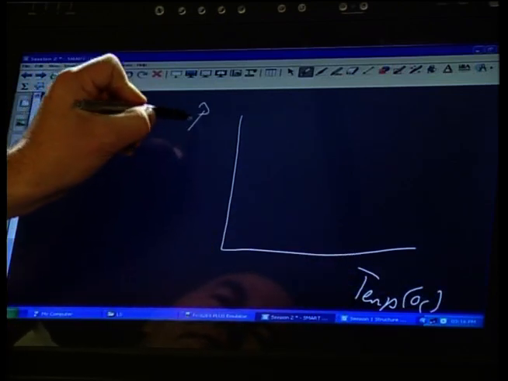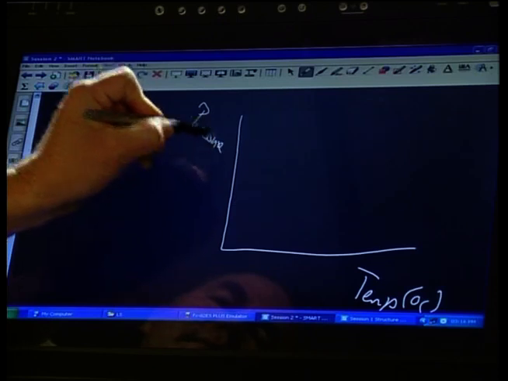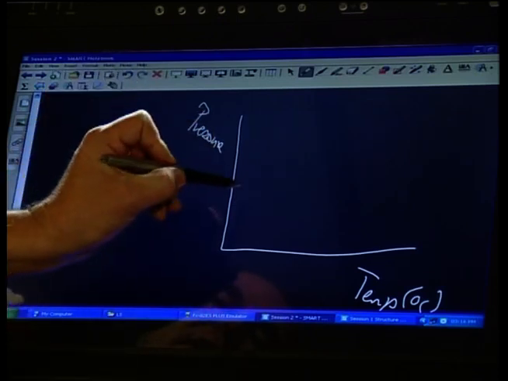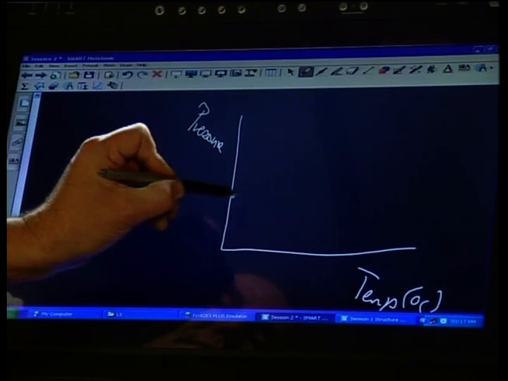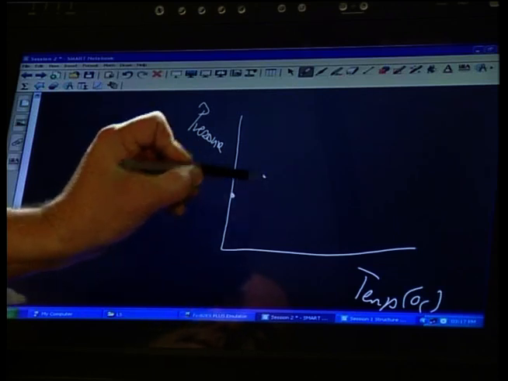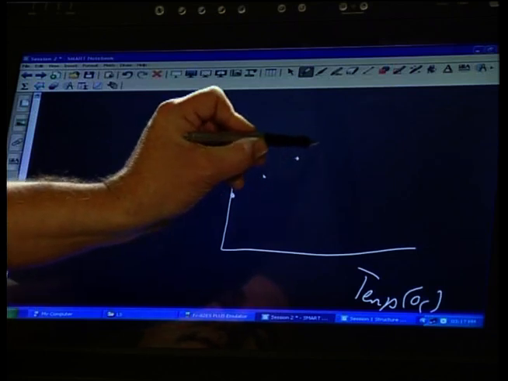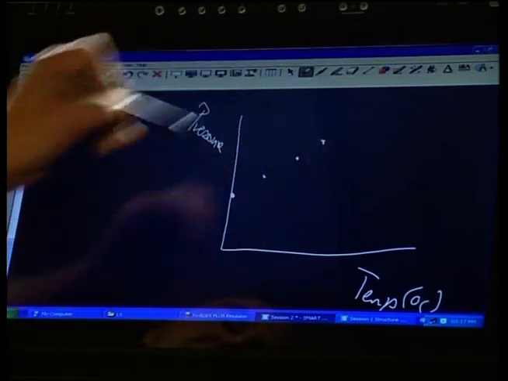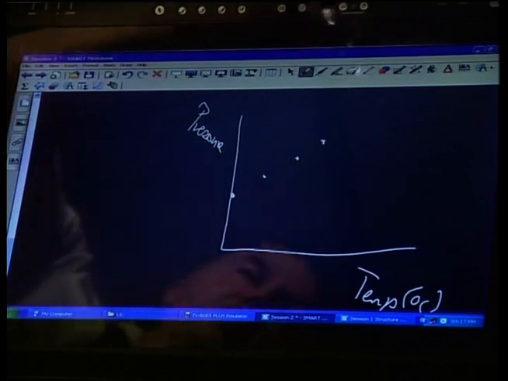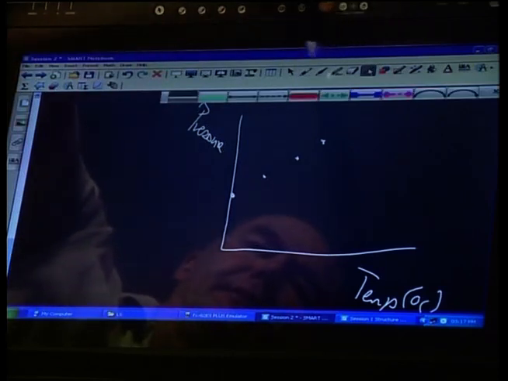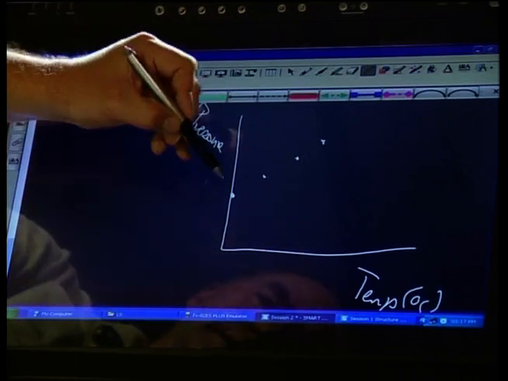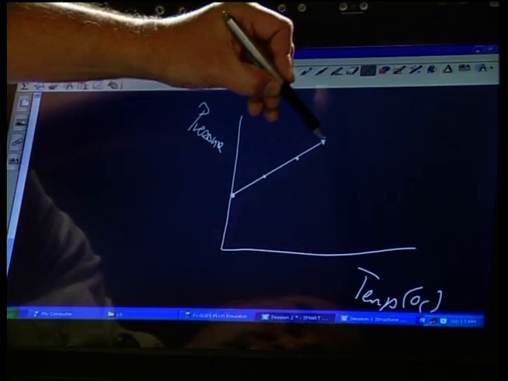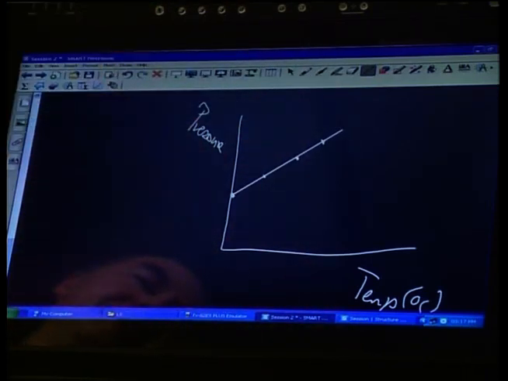And over here we have pressure, and we will get a graph that looks something like this. Depending on how many readings you take, it looks to me like you can more or less draw a straight line through those. So let me try and see if I can do that. And there you go.